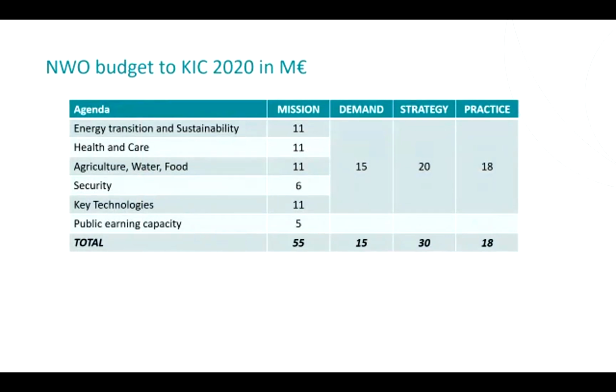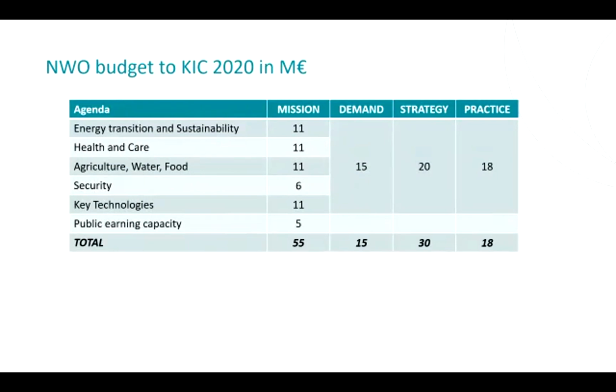Talking about budgets, in this slide I depicted the total. You can see here the 4 main lines. The mission line has a division of the budget of 55 million for each KIA. So you will also recognize the key technologies KIA here, with the 11 million this year that's available for this call.